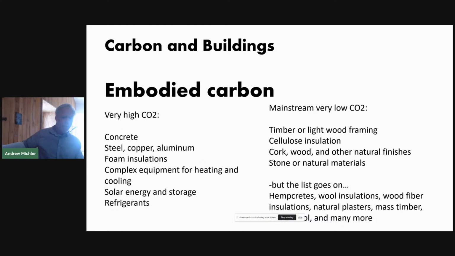Things like steel, copper, aluminum, things like that can be quite energy intensive. I tend to stay away from foam insulations. I can build these high performance buildings with no foam, and there's a number of reasons for that, but one of the big ones is the embodied carbon situation. And then especially for larger buildings, complex systems that require a significant amount of equipment and things like refrigerants, the bigger they get, they become a significantly larger impact on the overall embodied carbon.